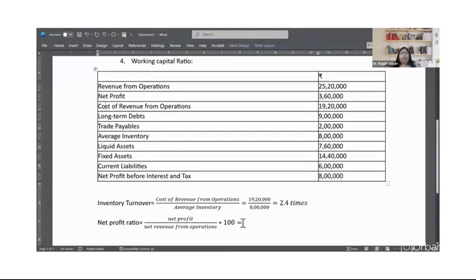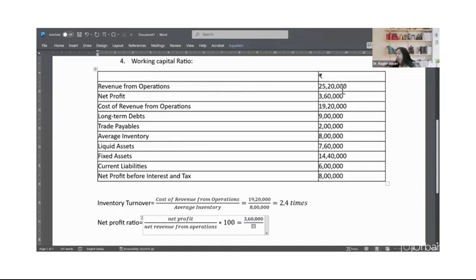So now let us write this formula here. Net profit is given to us, which is 3,60,000, divided by net revenue from operations.